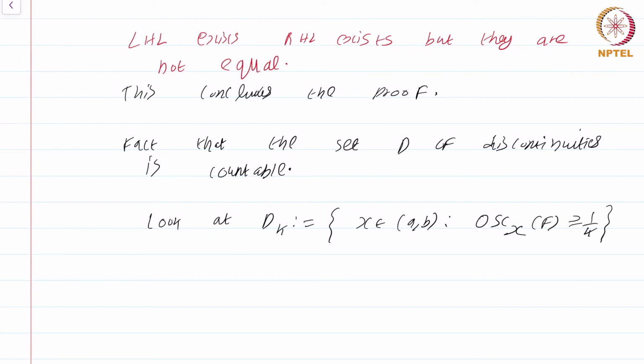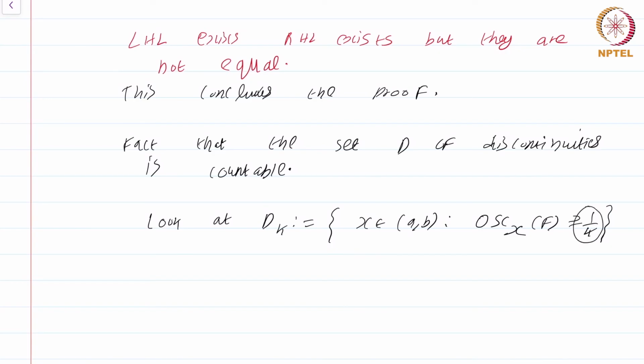At a point of discontinuity, by an exercise that I have given, you can show that the oscillation will have to be non-zero. And in fact, it has to be a positive quantity just by the way the oscillation is defined. So look at those points where the oscillation is at least 1 by k.